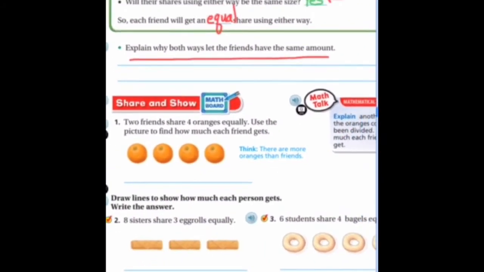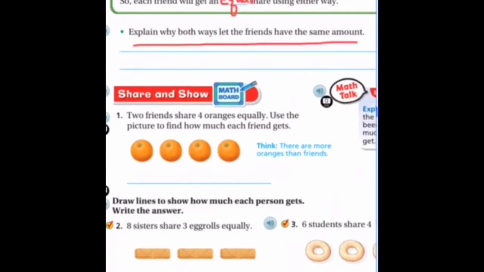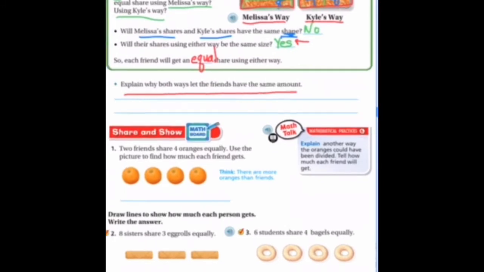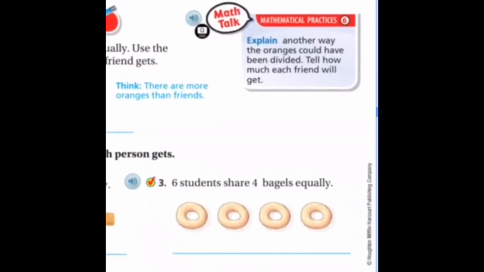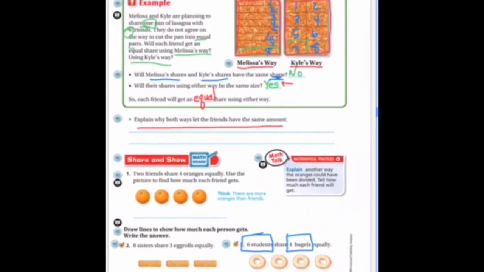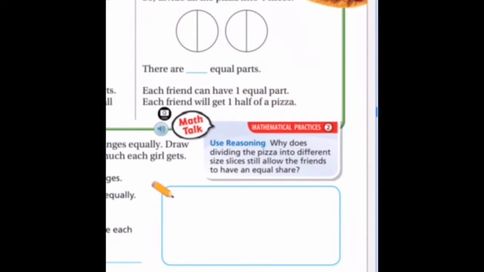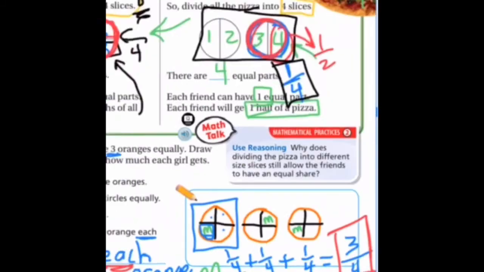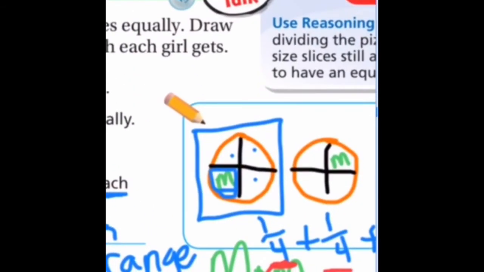All right, share and show. Keep in mind, you can go back, rewind the video. Let's just take a look at number 3 here, where we have 6 people sharing 4 bagels equally. If you think back to what I did on the first page here, on page 449, when we had the example for oranges, there it is.